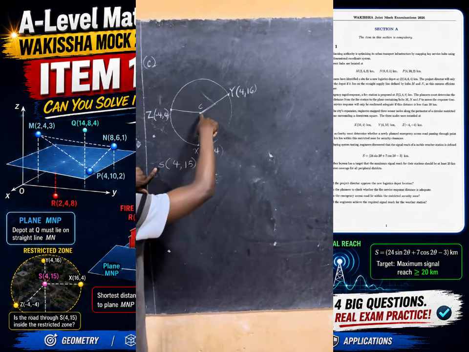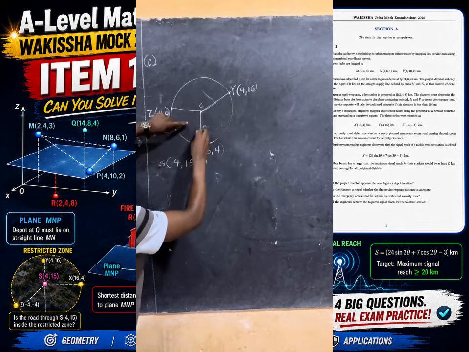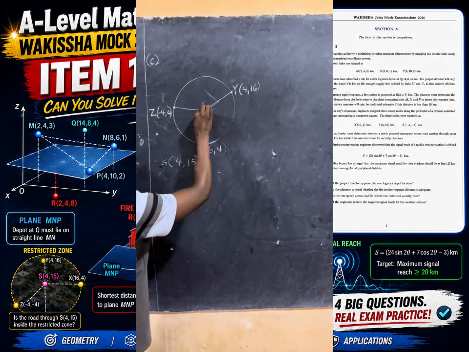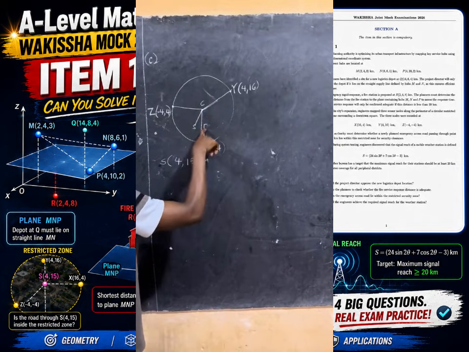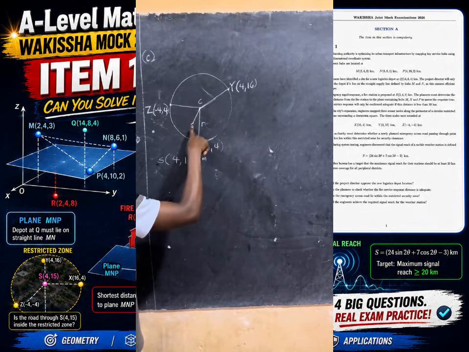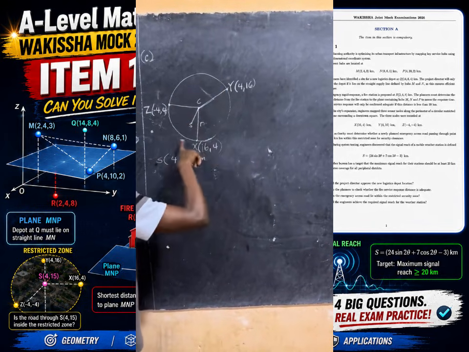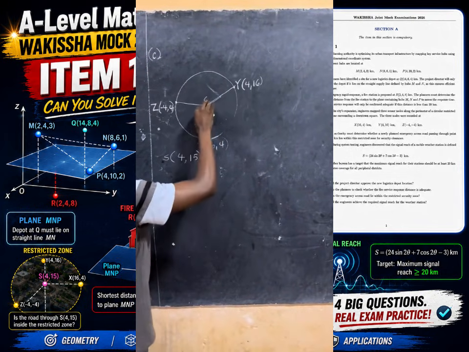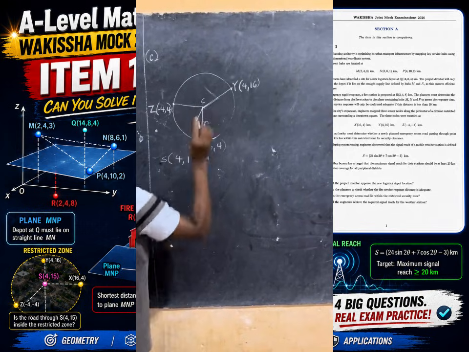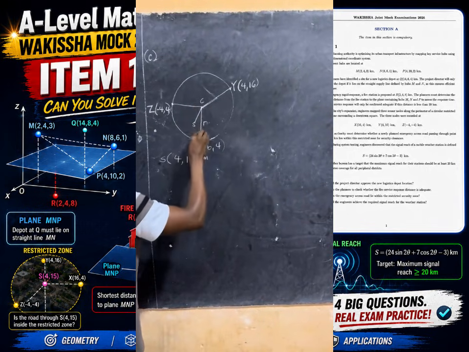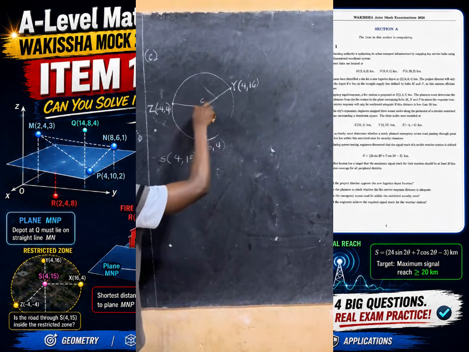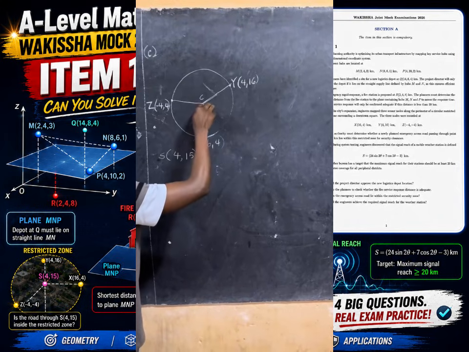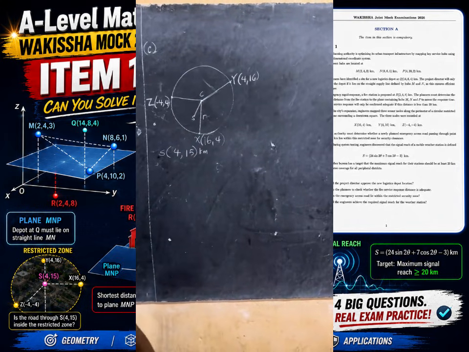But if the distance from the center to this access road is less than the radius, it implies that the point S is within the restricted area. So I'm going to get the radius and get the distance. But I can't get the radius except if I get the center. And when I get the center, it becomes very easy for me.